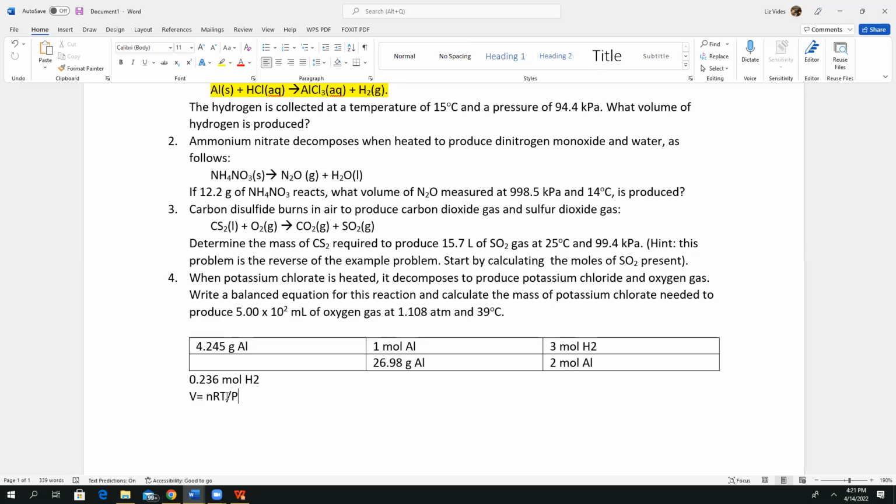Okay, you needed to do nRT. So n would be the number of moles, which is this, right? Okay, so let's see.